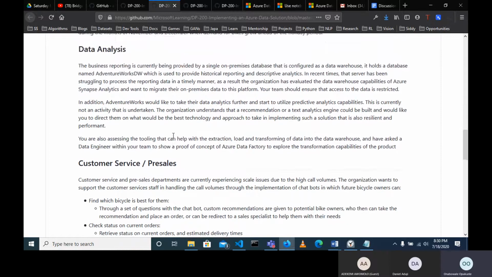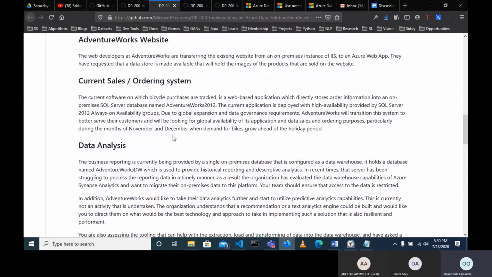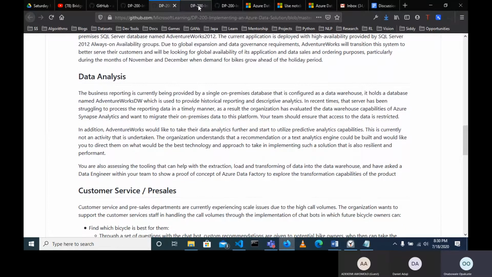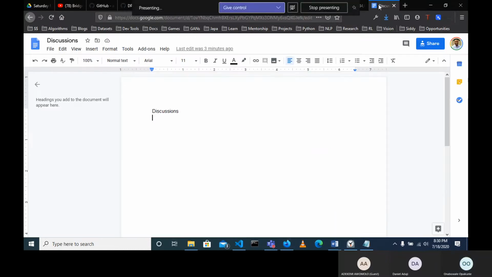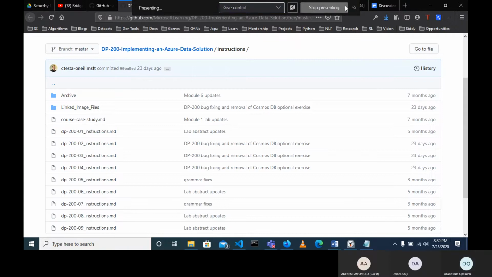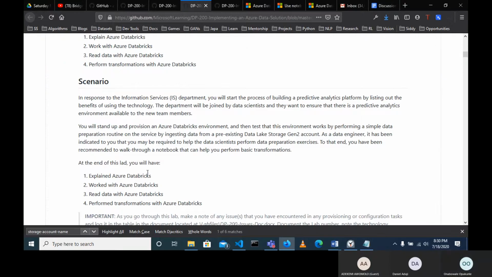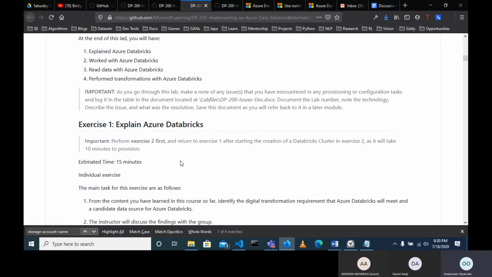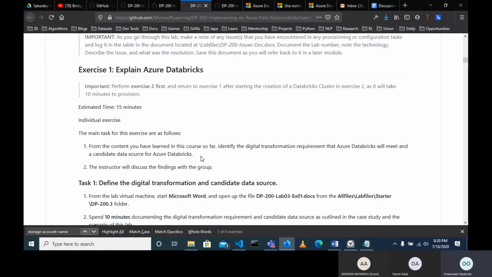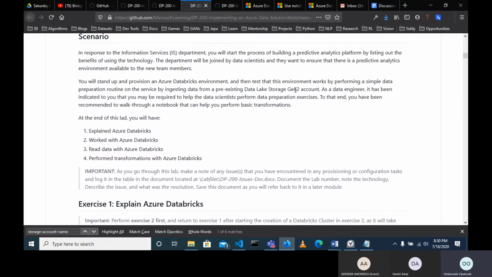I don't think there is any information service particularly here that will inform us of the kind of storage that we should use. So according to, further down, they ended up using a data lake Gen 2 storage. I think they even discussed it here. Yeah, so a pre-existing data lake storage Gen 2 account.